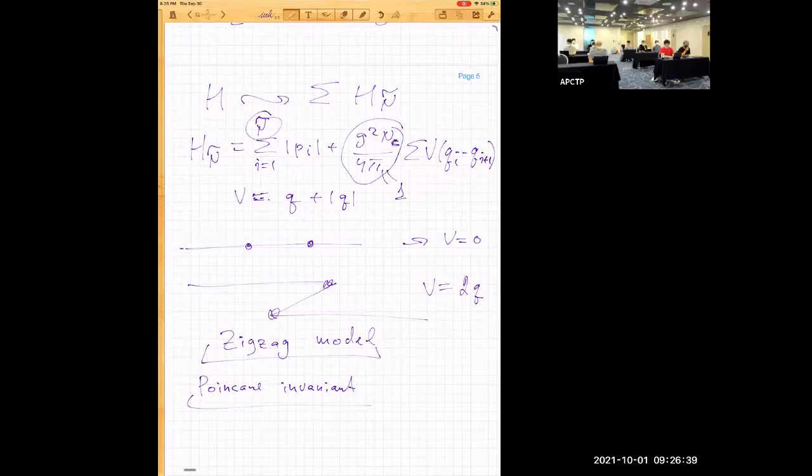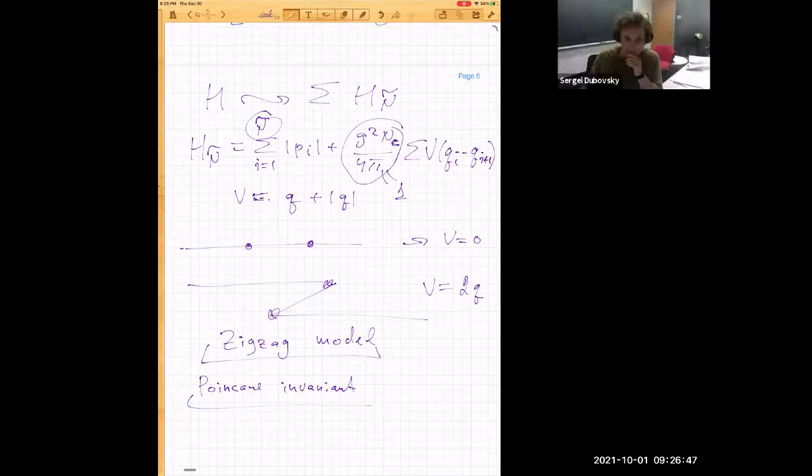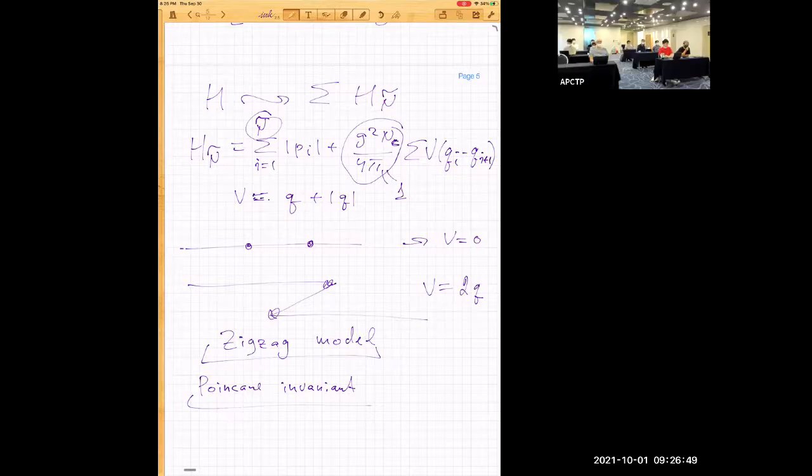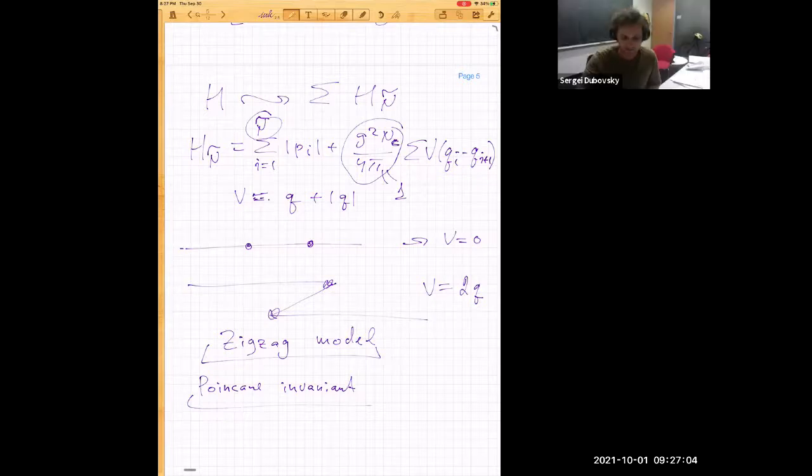Basically, the potential energy is positive definite, so it seems the total energy H, which is a sum over N tilde, is dominated by the large N tilde limit. No, different N tildes just correspond to different subsectors.